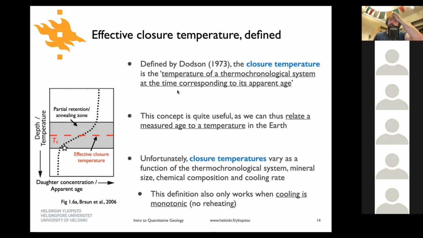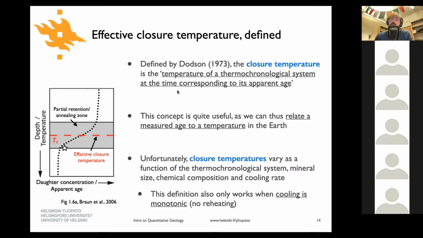Again, this is one of these lovely sentences where you're probably like, what does that mean? But in essence, when we measure something with the thermochronology method, we get an age. Age might be 5 million years. The closure temperature here would be the temperature the rock was at 5 million years ago. So at the time, according to its age, its temperature at that point.